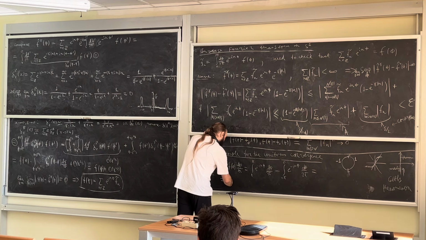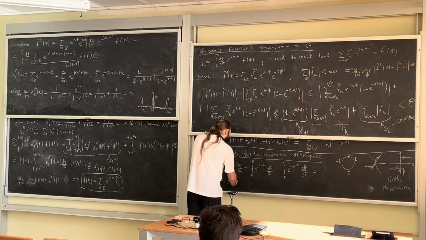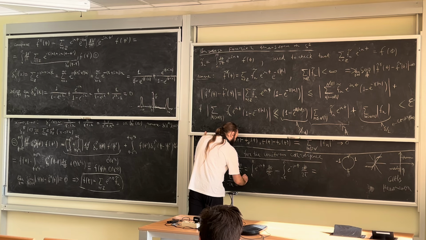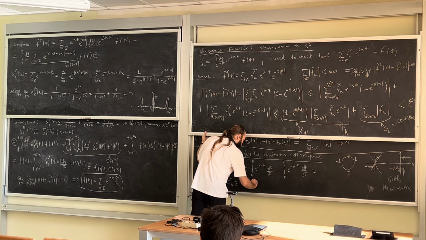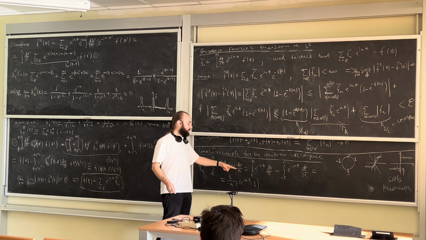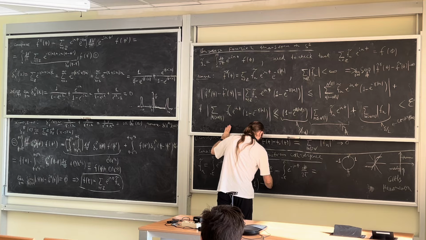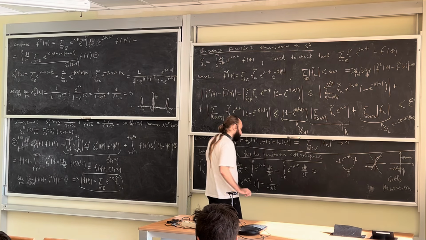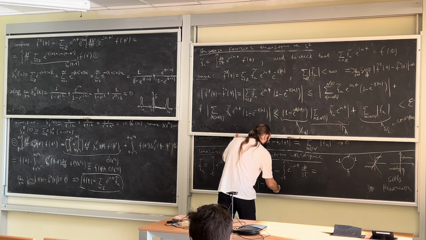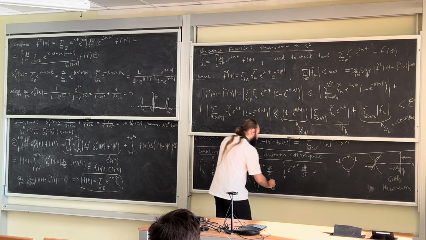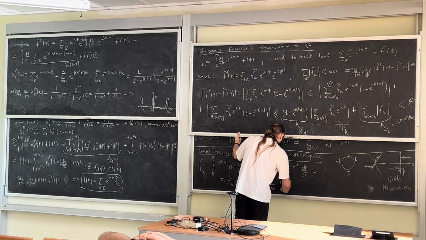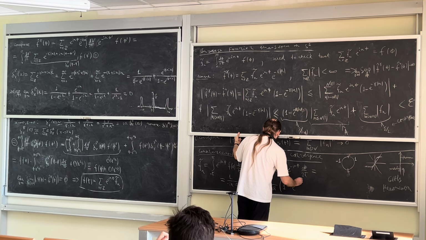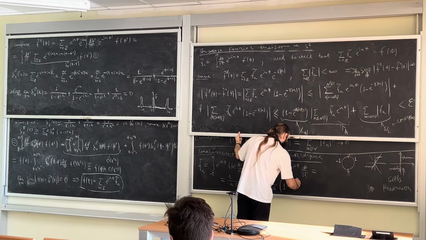So it is 1 over minus i n times 2 pi, e to the minus i n pi minus 1, minus 1 over i n 2 pi times 1 minus e to the i n pi.